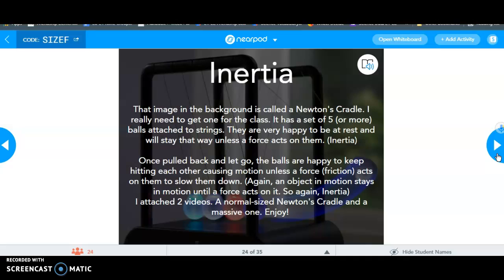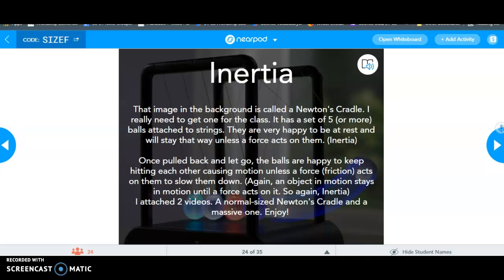So in my class, I have what we call Newton's cradle. It shows all of Newton's laws, especially inertia and equal and opposite reactions. Once I pull 1 or 2 or 4, whatever you want to do over here, back, they are happy to keep moving until friction acts on them and slows them down.